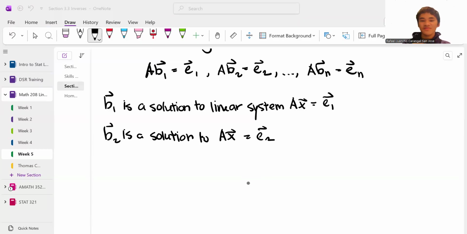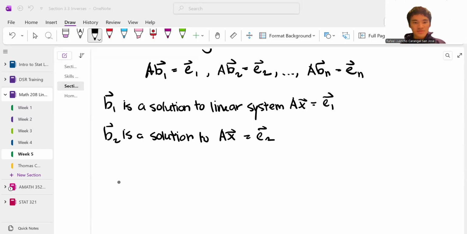We're going to go through the row operations once to transform the left half from A to I. If this can be done, then the right half will be transformed from I sub n to B, which is just A inverse.